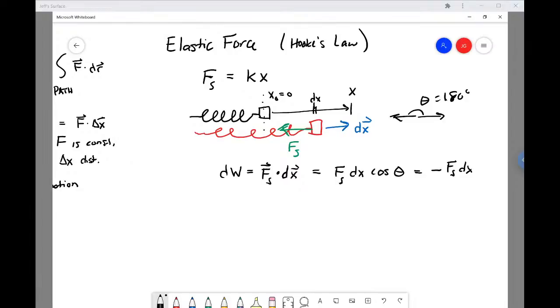All right, so important lesson here. When you have a force that opposes the direction of motion, the direction of displacement, either completely or partially at some angle, if there's a component of the force that projects onto the direction of displacement and points in the opposite direction, then that force does negative work.